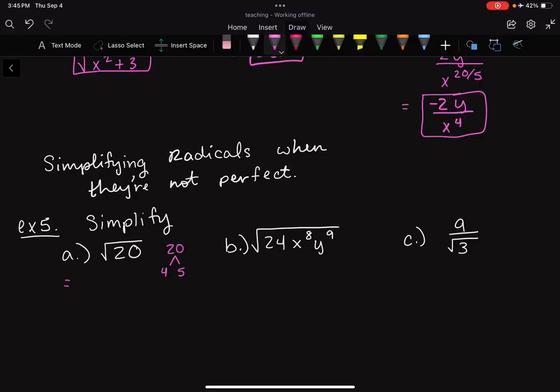So this means that the square root of 20 is equal to the square root of 4 times the square root of 5. You can break this up because with multiplication, you can break up square roots. Well, the square root of 4 is 2. And then I just have the square root of 5.